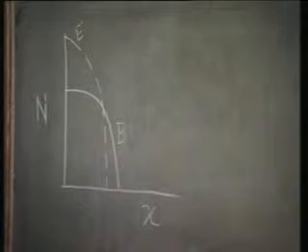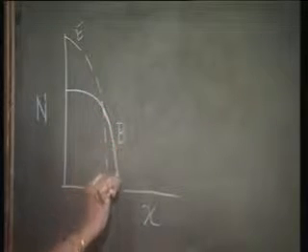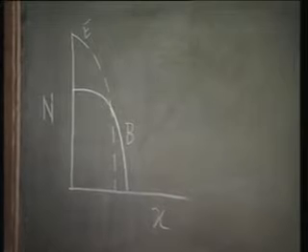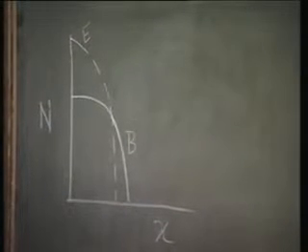right. Then as far as the active base is concerned, active base is directly beneath the emitter. As far as the active base is concerned, this is the profile in the active base, right.